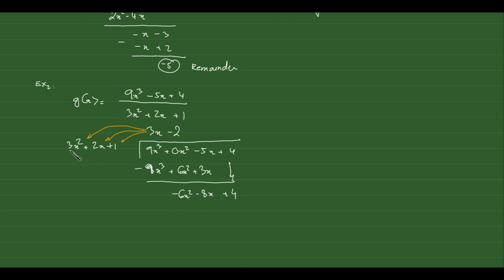This is going to be negative 2, and negative 2 times 3 is negative 6x squared, negative 4x, negative 2. There you go. You do the subtraction, which just gives you negative 4x plus 6. And you cannot do any more because the degree over here is smaller than the degree here. So this whole thing could be the remainder. And the slanted asymptote here will be y equal to 3x minus 2.